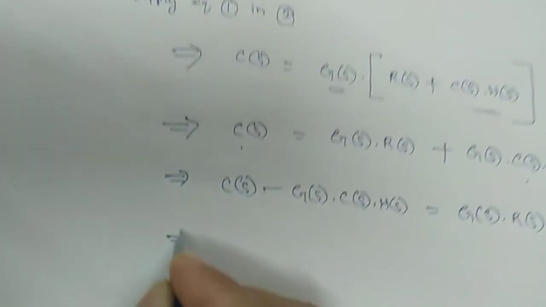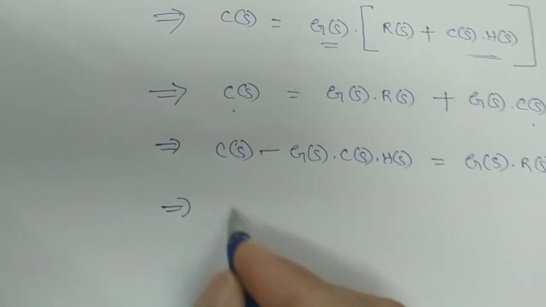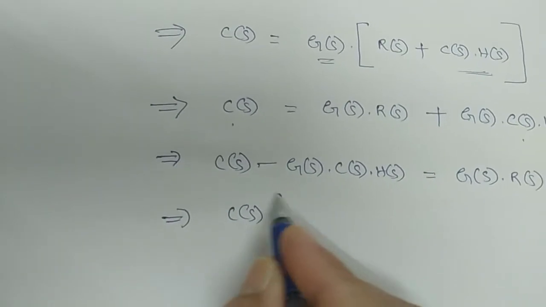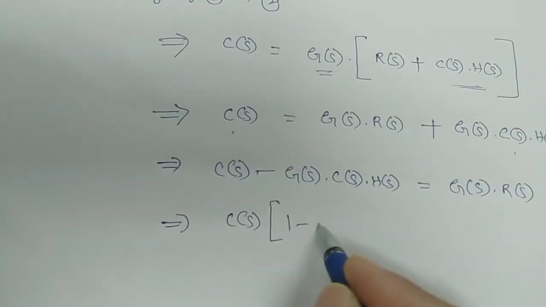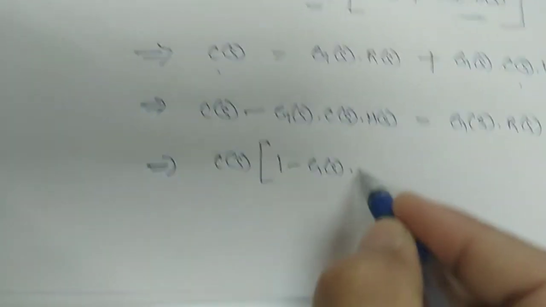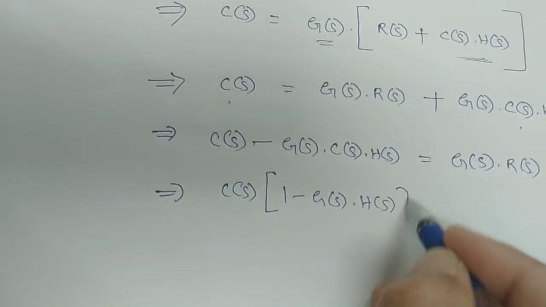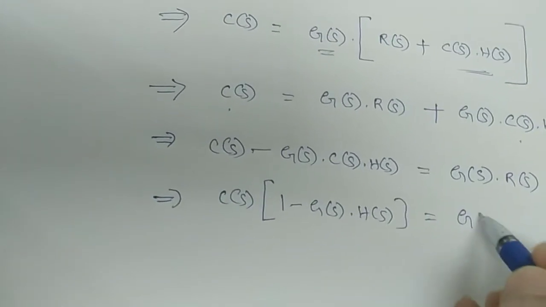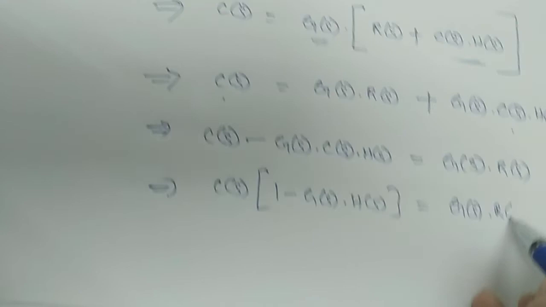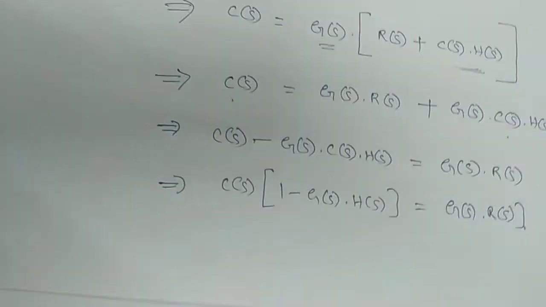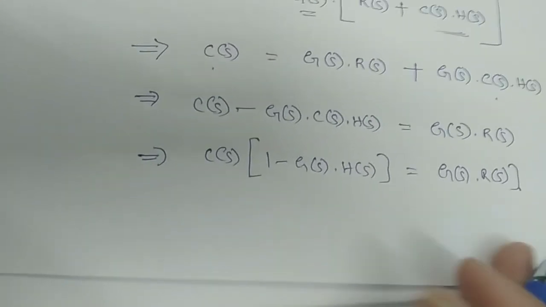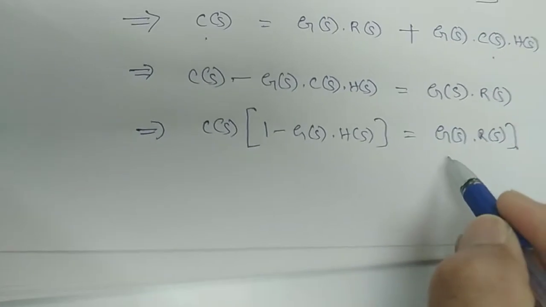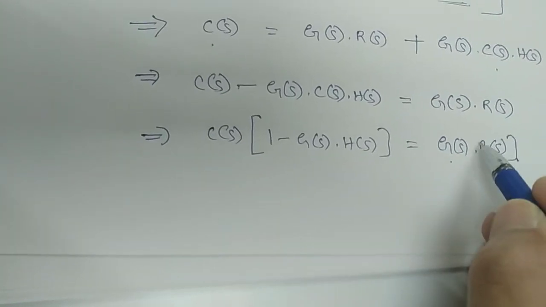This implies, here take C of s as common, 1 minus G of s into H of s is equal to G of s into R of s, is it not?